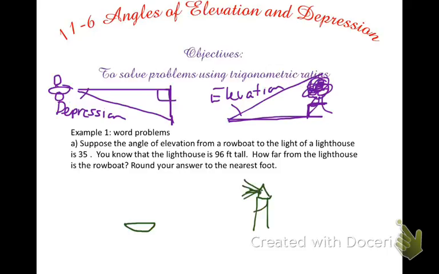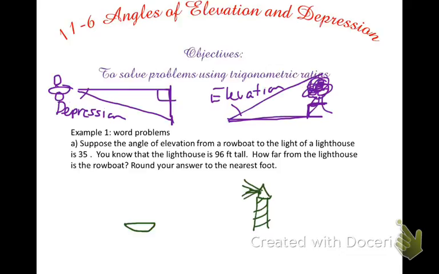Here's the lighthouse. Looks like a firework, but that works for me, lighthouse. I'm not expecting my art class drawings in math class. But you're allowed to use a stick figure for a person when you do it. Okay?